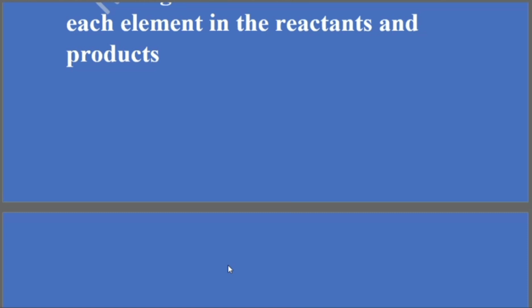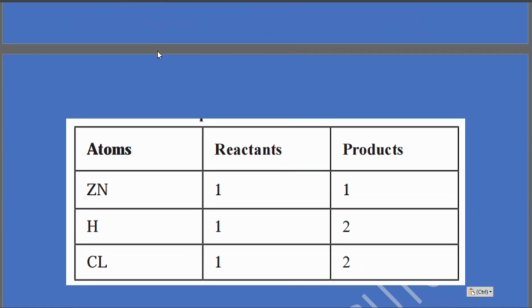So now, after having written the correct formulas, we count the number of each element. For zinc, we have 1 on the reactants, 1 on the product.